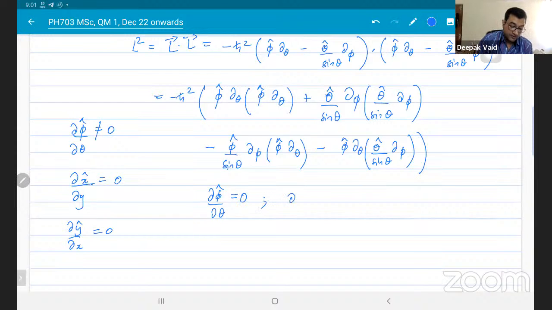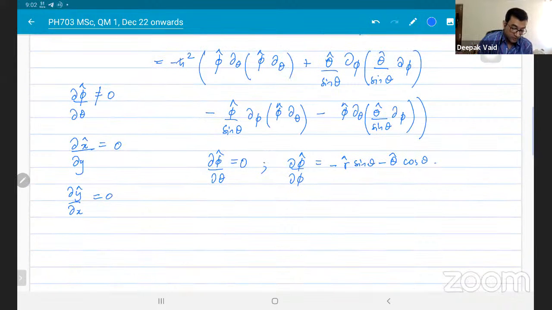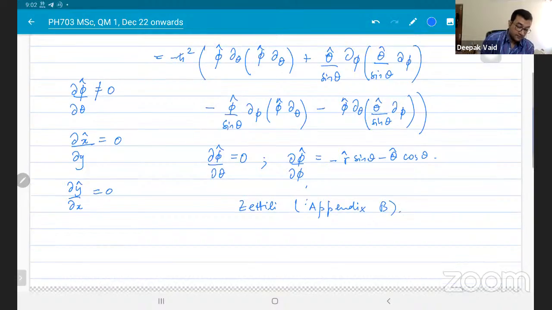Then del phi hat by del phi is minus r hat sine theta minus theta hat cosine theta. Anyways, all of this you can work out; it is all in Zettili, Appendix B.